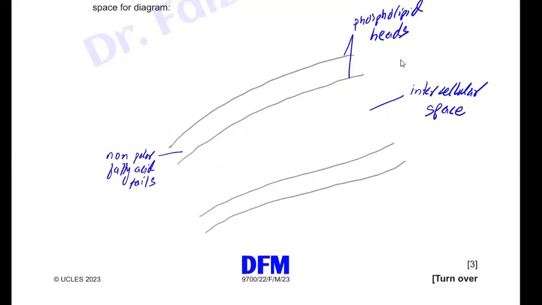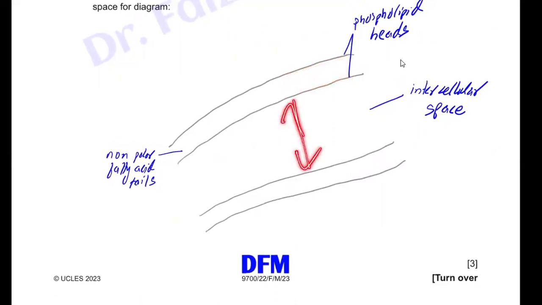The phospholipid heads are represented by these dark lines. This gap in between is the intercellular space, the space between the two cells. Then this region here is the non-polar fatty acid tail. You can label the other one as well, again the non-polar fatty acid tail. So this will get you 3 marks.